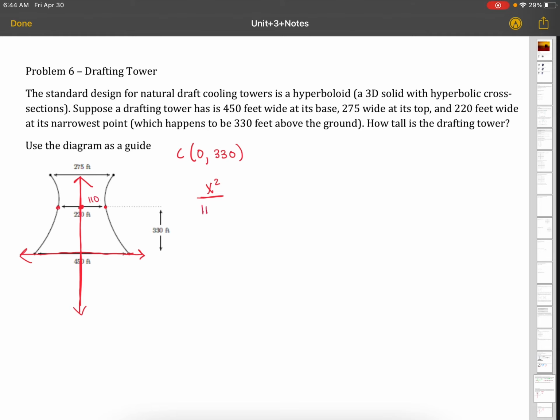So divided by 110 squared minus y minus 330 squared, and we don't know b. It's tempting to believe that b is this 330 feet, but that's not true because we don't have symmetry to justify that on the other side. So what we have to do is actually calculate the value of b.